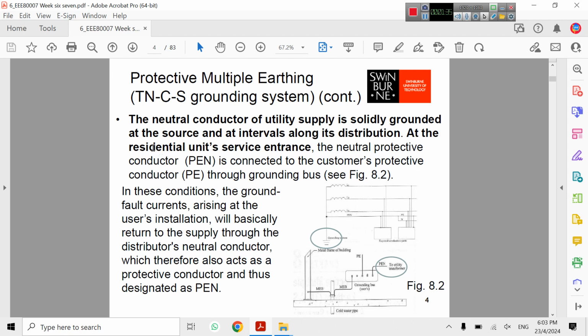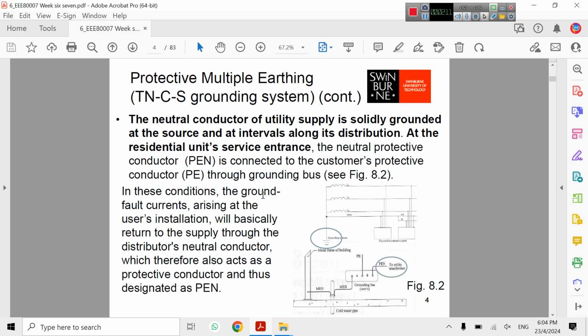At the residential unit service entrance, the neutral protective conductor PEN is connected to the customer protective conductor PE through the grounding bus. You can see here the PEN and PE of this system and the MEB, multiple earthing bus.